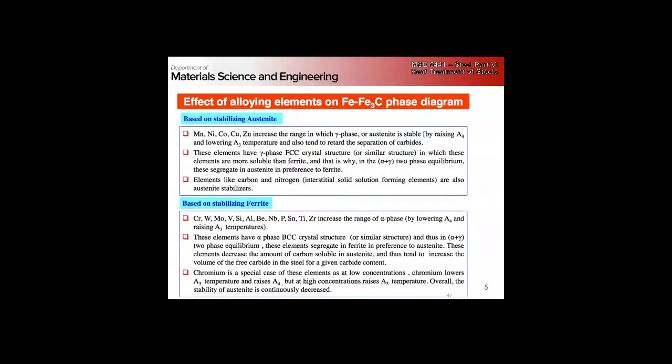So if we go back to our equilibrium phase diagram, we can break down all of our alloying elements based on whether they're austenite stabilizers or ferrite stabilizers. Austenite stabilizers tend to be FCC, with the exception of zinc.